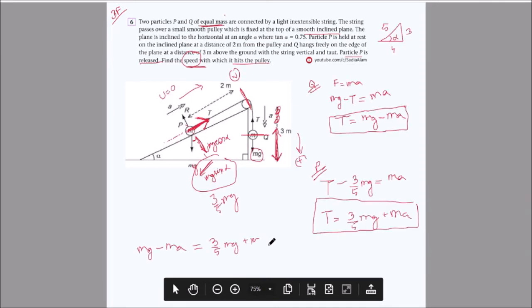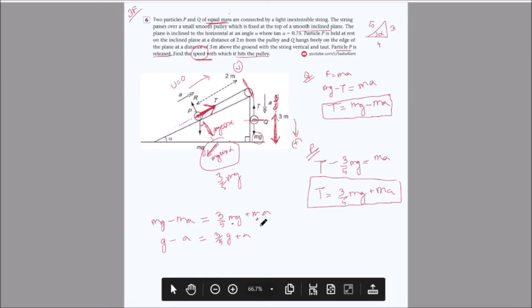So the first thing we can do is we can cancel out all the m, right? You can factorize m from both sides of the equation and cancel it out. So we are left with g minus a equals 3 by 5 g plus a.